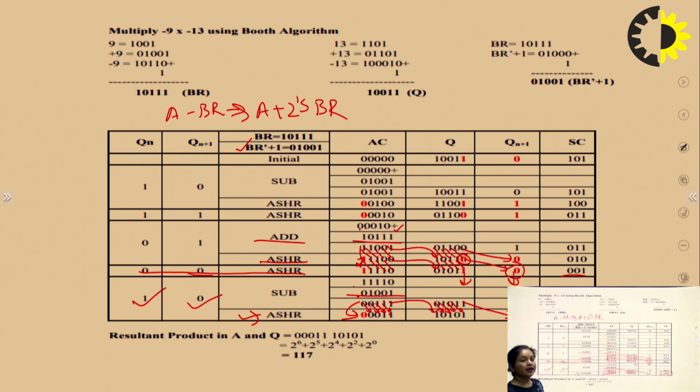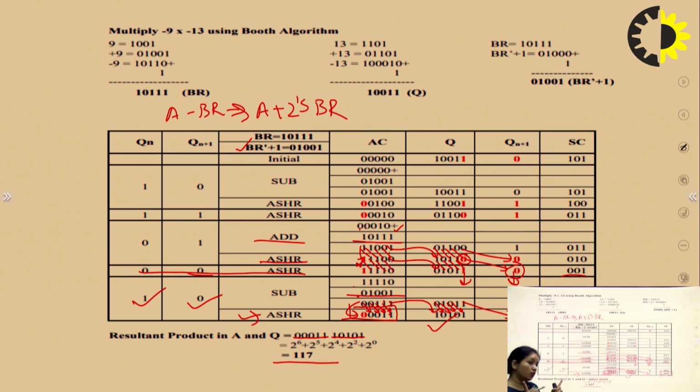Now here comes a question: which registers do we need to take for the final answer? So you will take the value of Q, QR we can say, that is 10101, and the value of accumulator, which is 1100. So it is equivalent to 117.